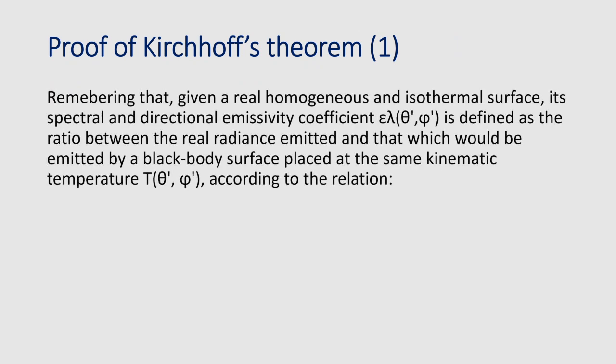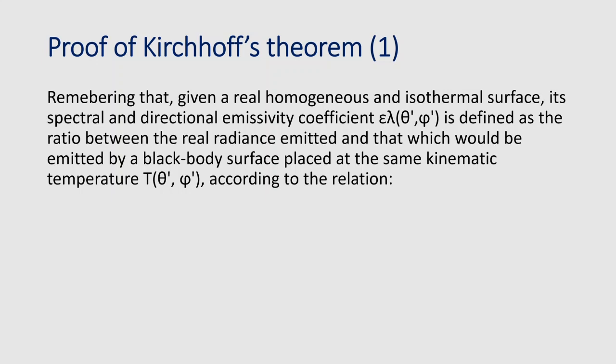So, stating that we are in this condition, now we can have the proof of a theorem that I'm going to ask you during the final examination, because now we are trying to demonstrate, to have proof of the Kirchhoff's theorem.